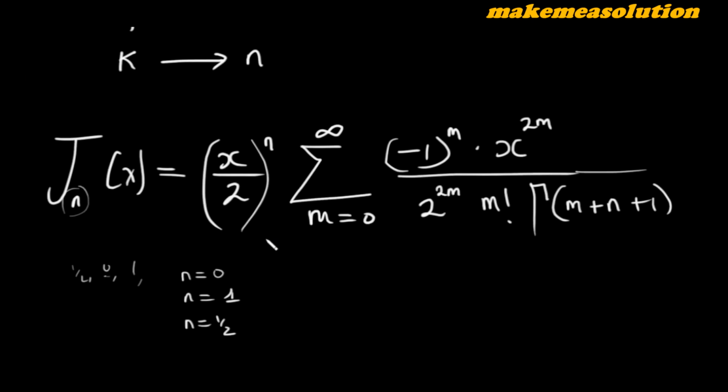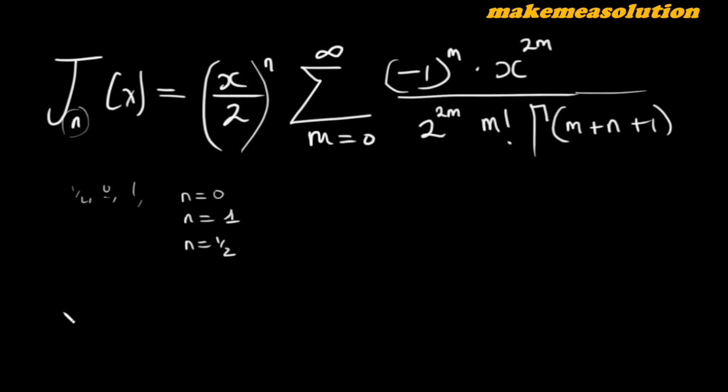So one other thing before I close for today, I also want to show you that when we are dealing with the Bessel's function of negative order, first kind, then you have the negative n order.